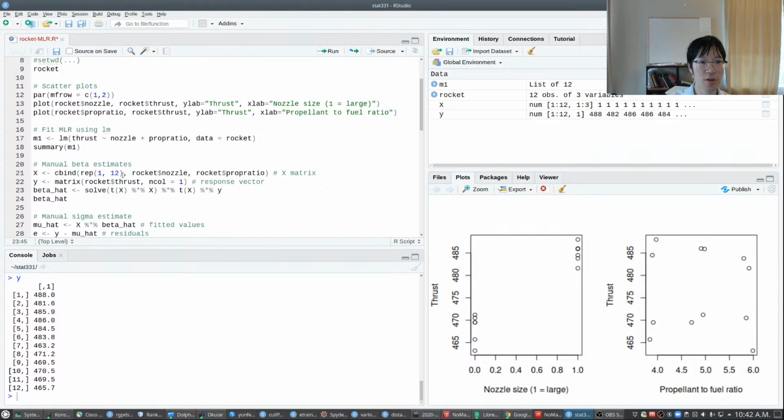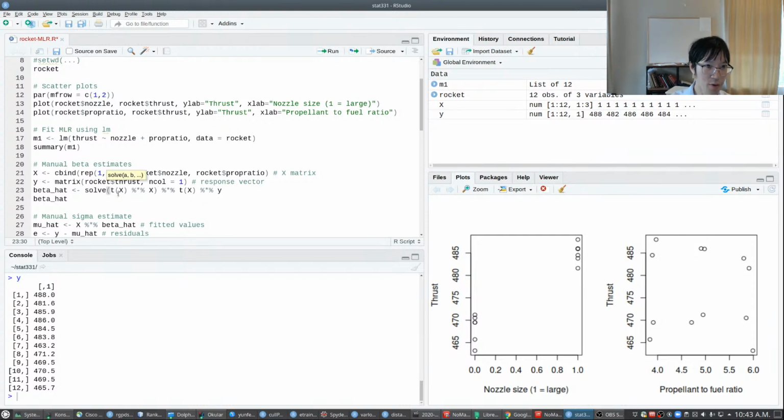Second thing to note is we need to do transposes. For example, we need to do X transpose X. So we can use the t command to transpose the X matrix. So now we know that this first piece means X transpose X. And then finally, we need X transpose X inverse, right?